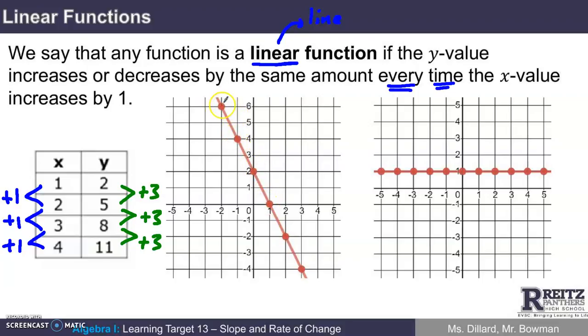If I look at the point -2, 6, and I increase the x by 1, each time I increase x by 1, I can decrease y by 2.